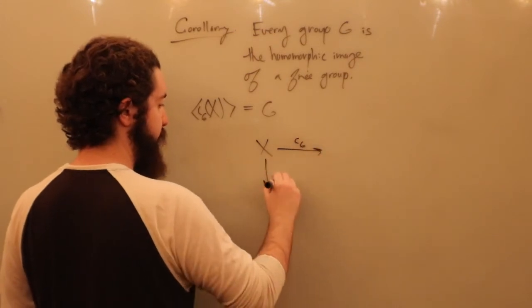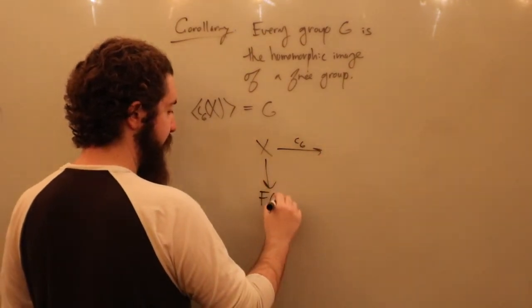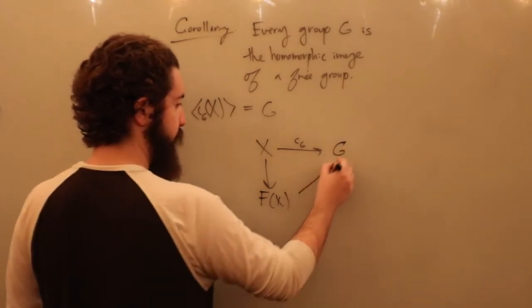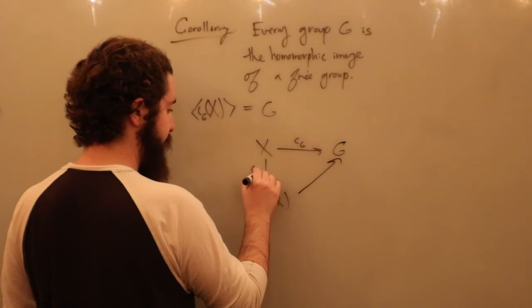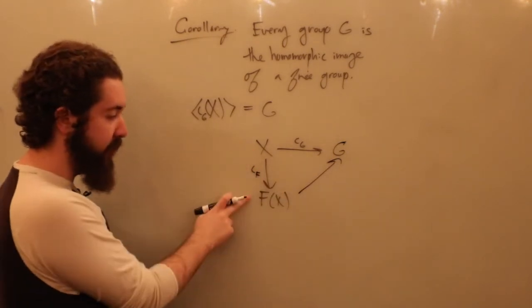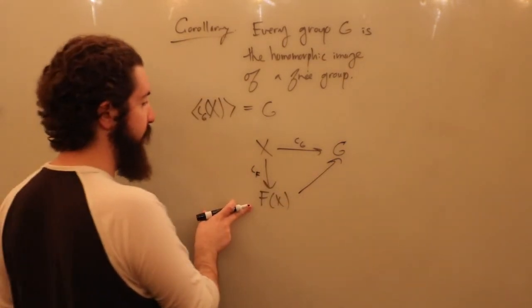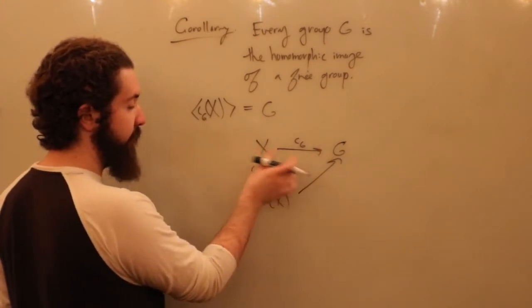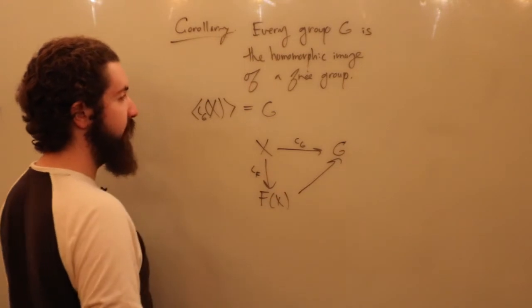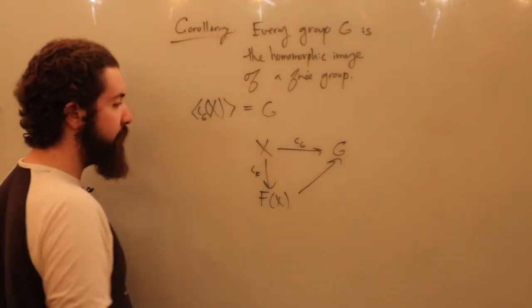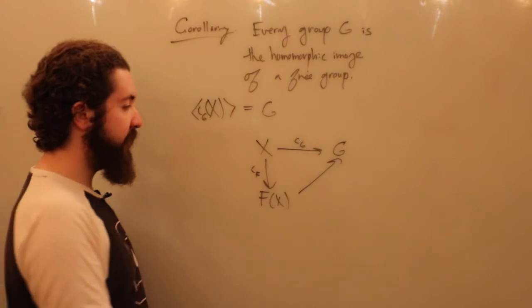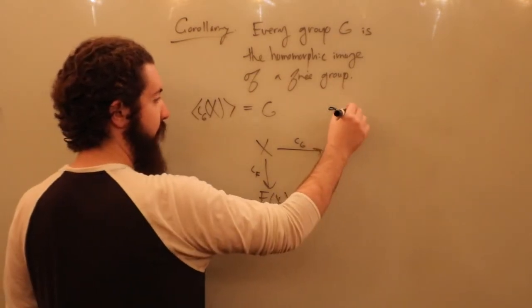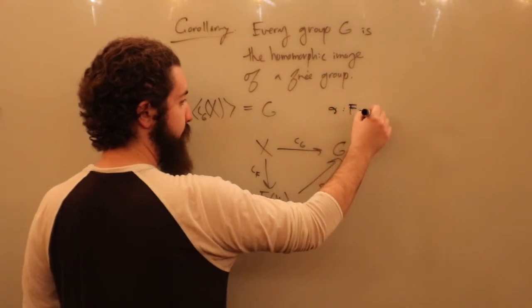So we have X going to F of X and X going to G. We have iota sub F, the inclusion of X in the free group on X, and the inclusion of X in G because we obtained X as a set by taking the group generators of G, any set of them. And by our previous theorem, this must induce a homomorphism alpha, right, from F to G.